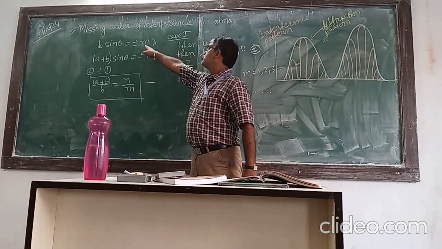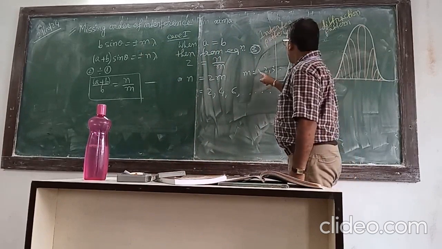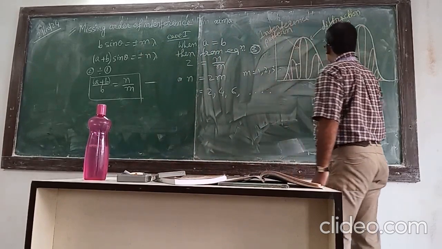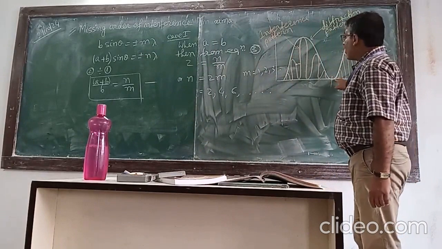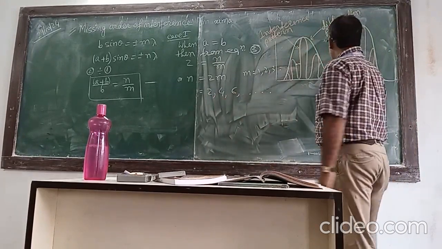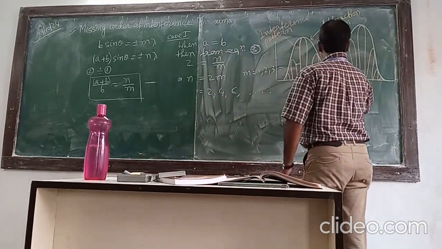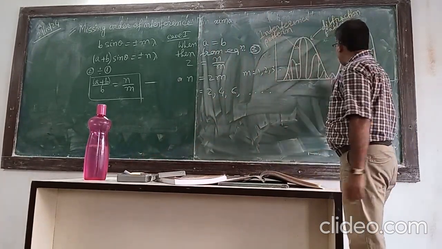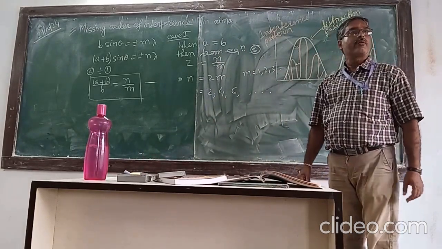So when M equals 1, 2, 3, then N equals 2, 4, 6. The first order diffraction minimum coincides with the second order interference maximum. We cannot see this maximum. That is called the missing order.